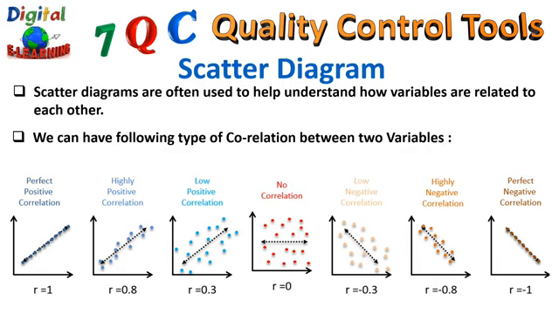And we can also have negative correlation, that means if one variable increases, the other variable will decrease. That means if the x variable decreases, y will increase. Then we can have a low negative correlation, a high negative correlation, and a perfect negative correlation. That is how we can figure out whether there is a relationship between the two variables.